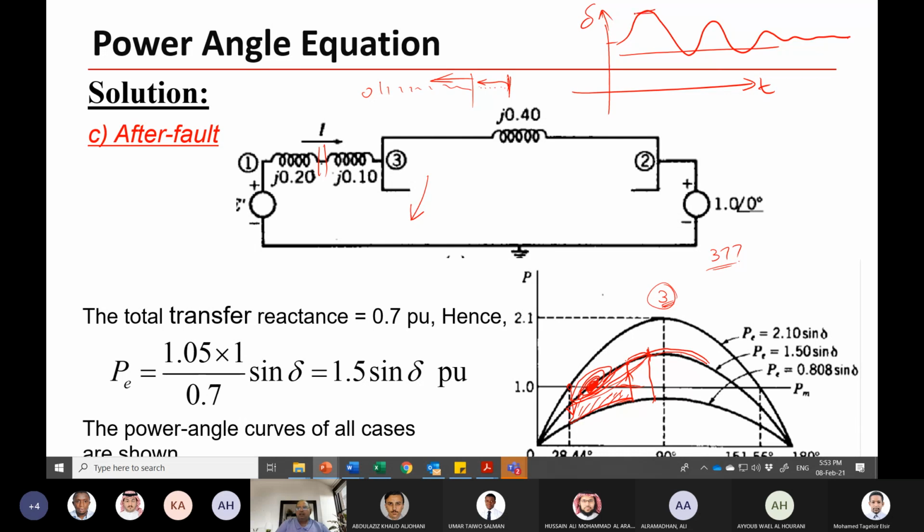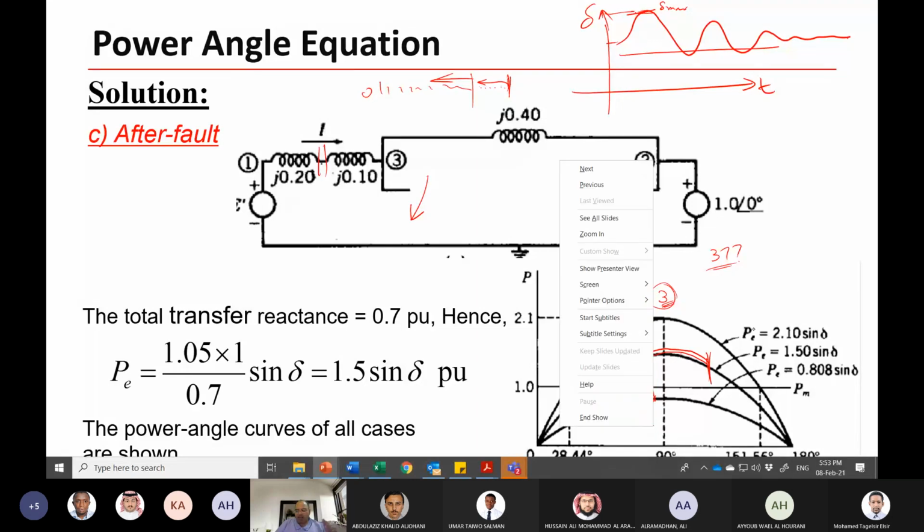This angle can go higher than 90. This is the maximum angle, delta max. During the transient, delta max could go beyond 90 degrees.